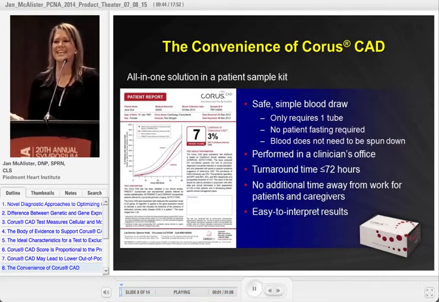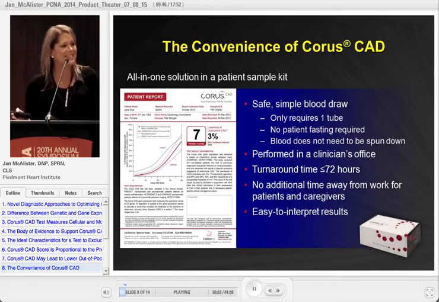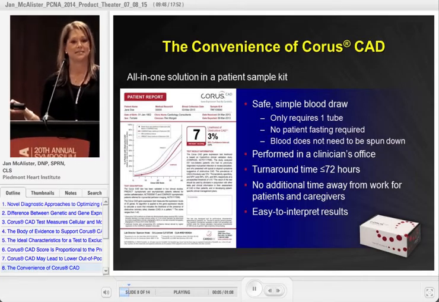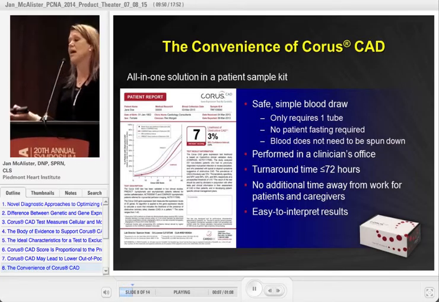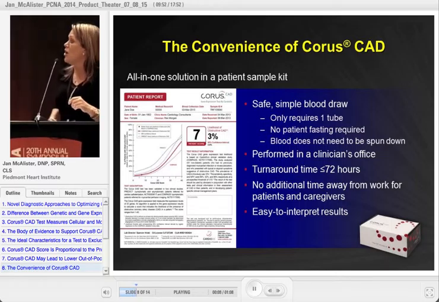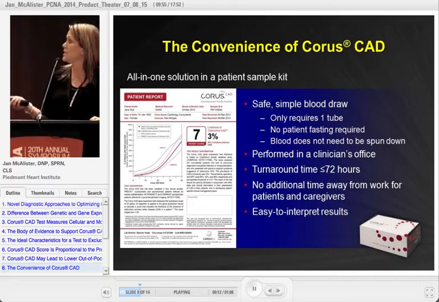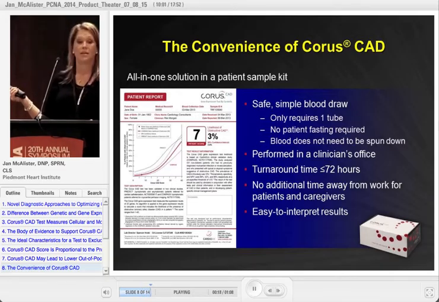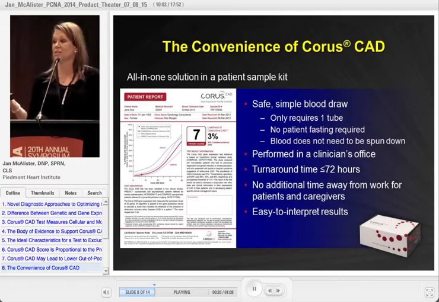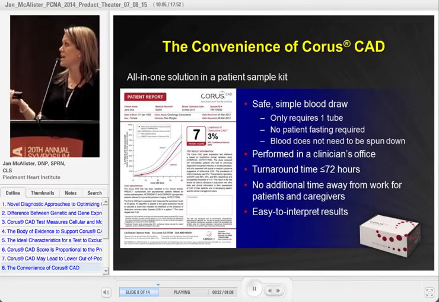The great thing is it's so easy to do. It's a blood test. Either your lab can do it if you have a lab in your office, or the hospital lab can do it. It's simple, it's safe, it's convenient, it's one tube of blood. It doesn't matter if your patient is fasting or not, they can have it done anytime.